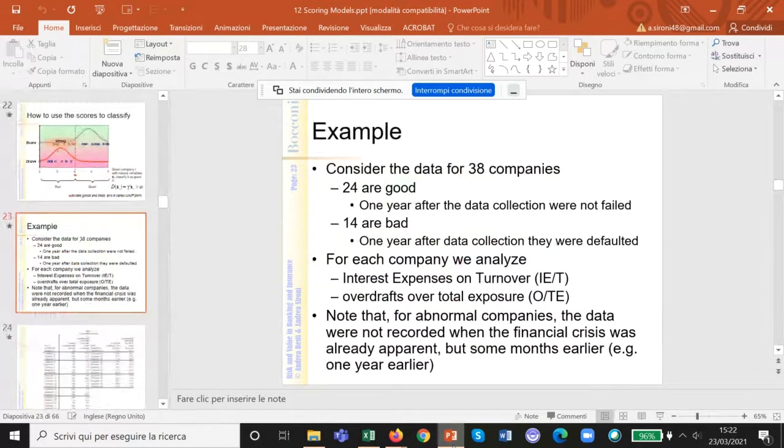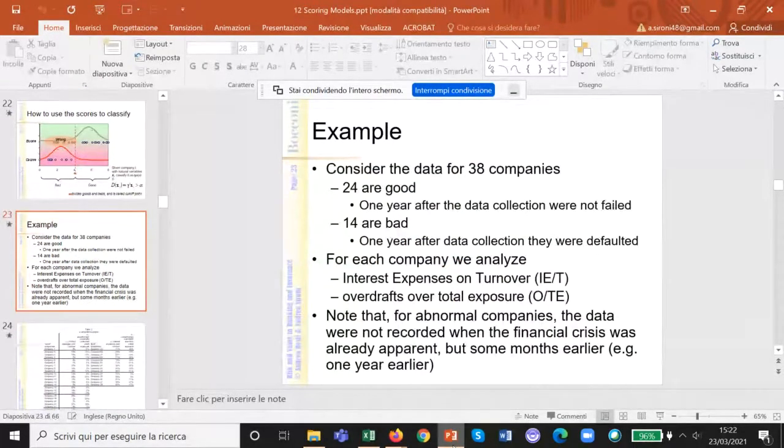Now, to better understand what I said so far, let's try to look at a very simple example whereby we can compute this discriminant function and at the same time the cutoff point. Now, assume for simplicity that we have only 38 companies in our database.